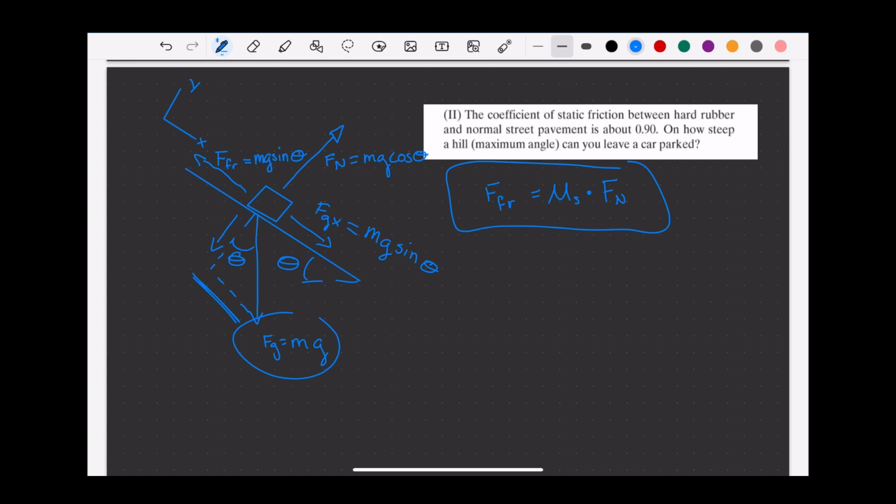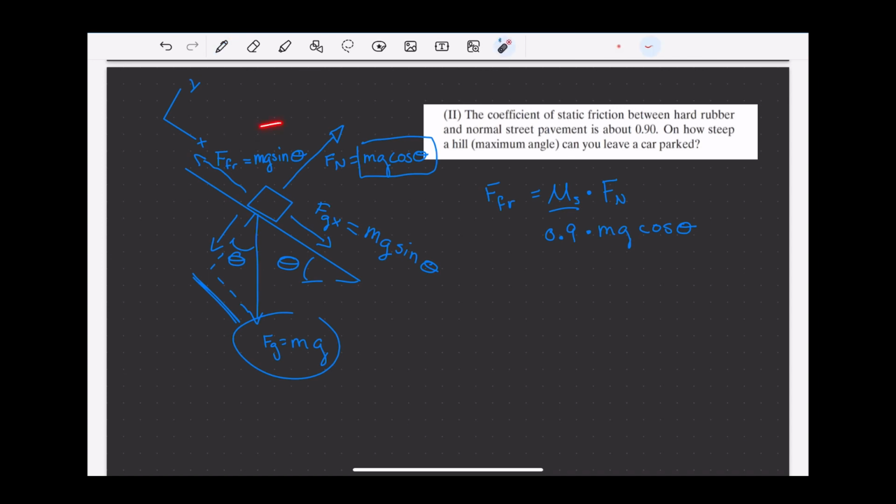Anyways, we are given this value. It's 0.9, all right? And we also have already defined what our normal force is. Yes, we don't have the magnitude of it right now, but we do know that it must be equal to mg cosine theta, all right?